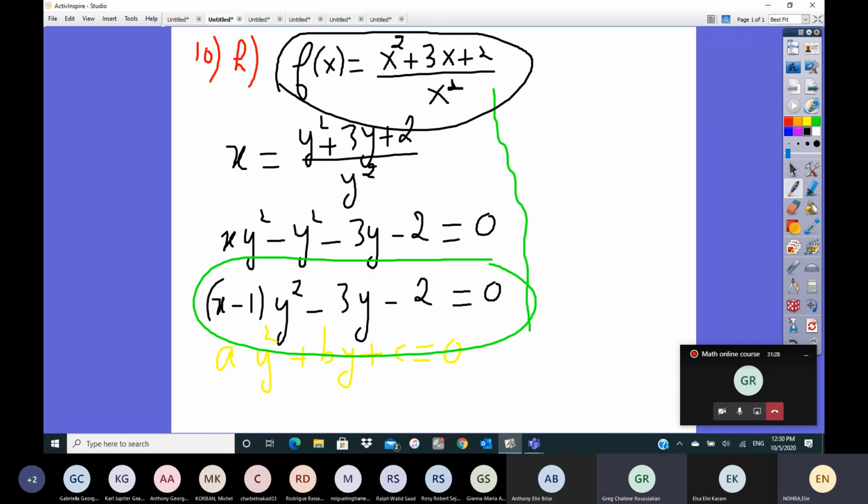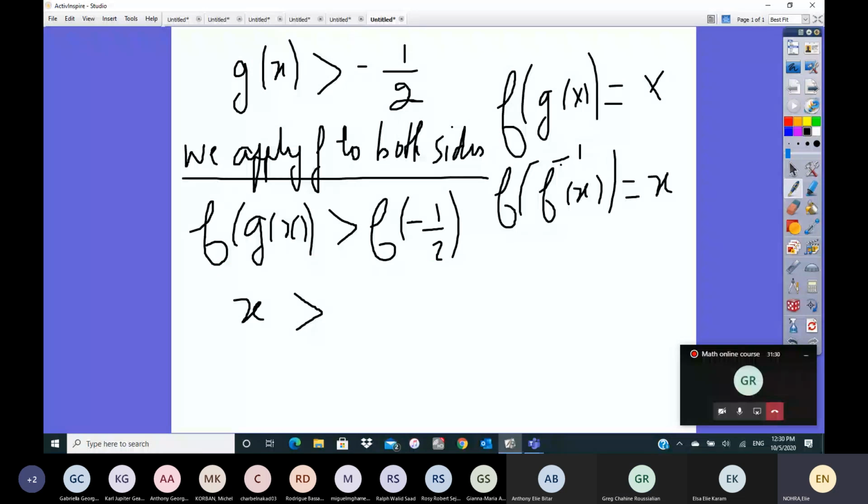You get 3. f of x is x squared plus 3x plus 2 over x squared.